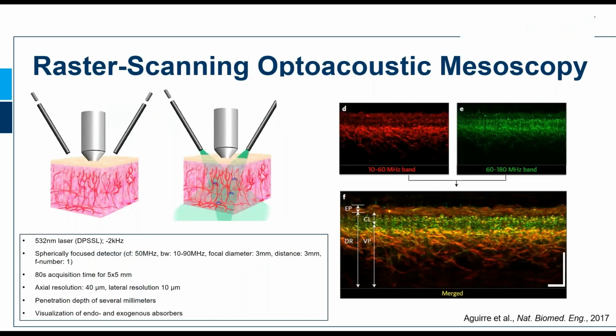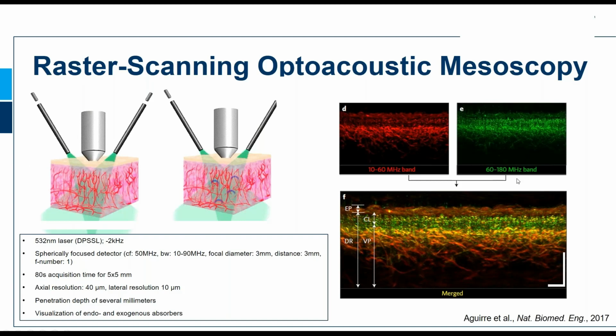Raster scanning optoacoustic mesoscopy is a new technique based on a spherical focus detector, which allows us to acquire images with an axial resolution of about 40 microns and a lateral resolution of 10 microns. We can then assess tissue up to a penetration depth of several millimeters.